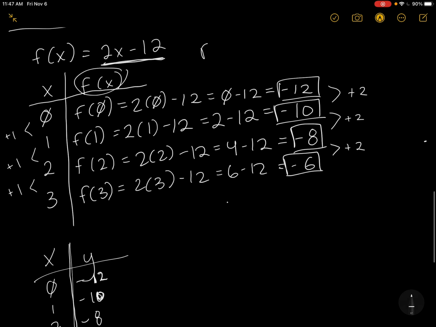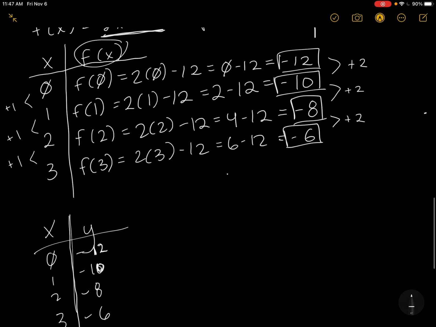So what these functions are representing are patterns. These patterns actually represent slope when we get to graphing, but don't worry too much about that now. But we're noticing a pattern that every time x increases by 1, f of x increases by 2.